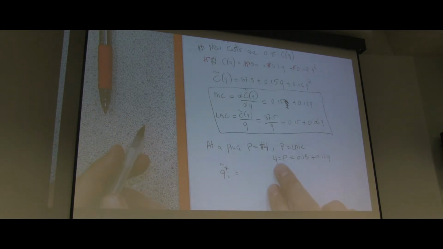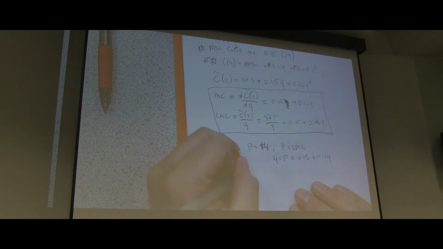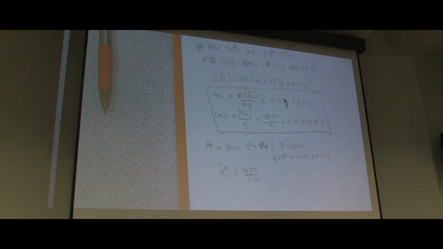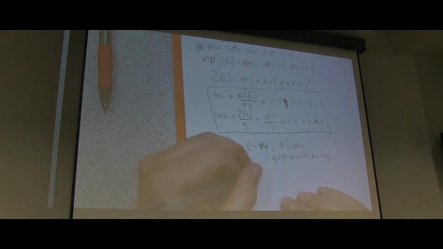It's going to be 4 minus 0.15, so that's 3.85, divided by 0.12. That is going to be the new equilibrium quantity. Okay? Whatever that is. Then I can say, okay, this is the quantity.